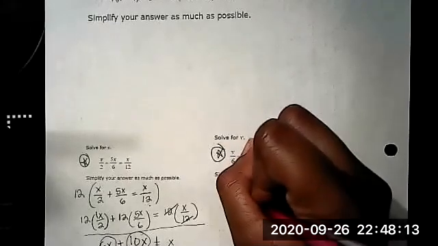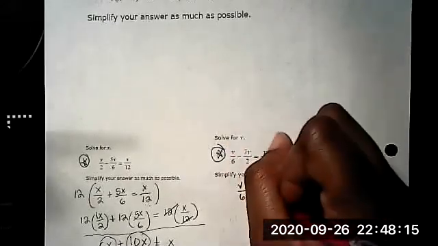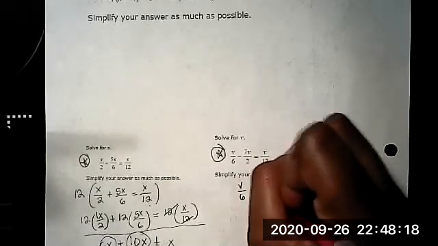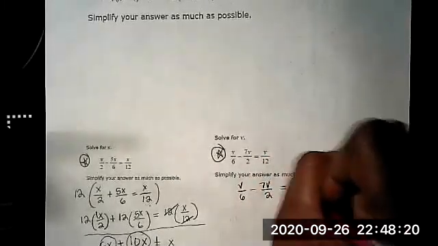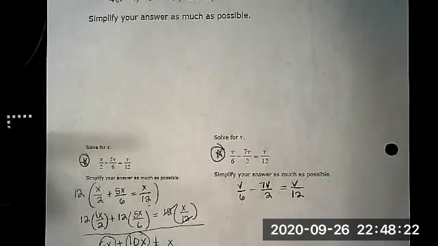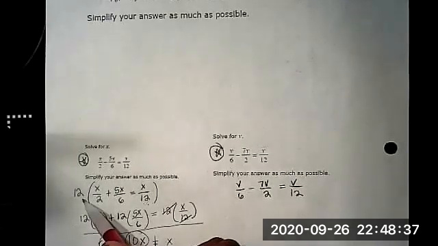All right, so let's look at this one. B over 6 minus 7b over 2 equals v over 12, okay? Same exact concept. I'm going to go ahead and start this problem, but I'm not going to finish it. I'm going to let you finish it. But how will we start? We would start it just like we did this one over here, okay?